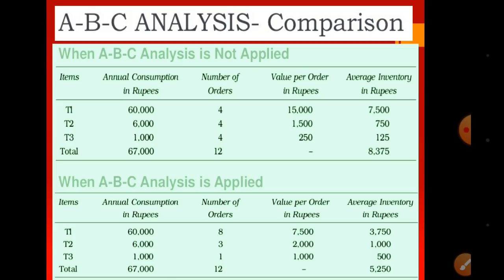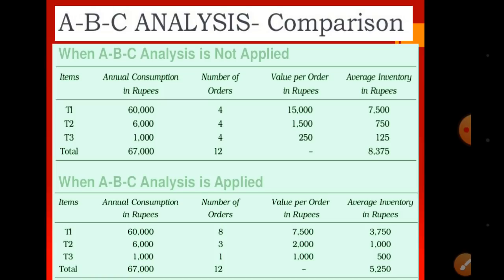Next is the value per order in rupees, that is 60,000 by 4, which is equal to 15,000. For T2 it is 6,000 by 4, which is equal to 1,500, and next that is 250.